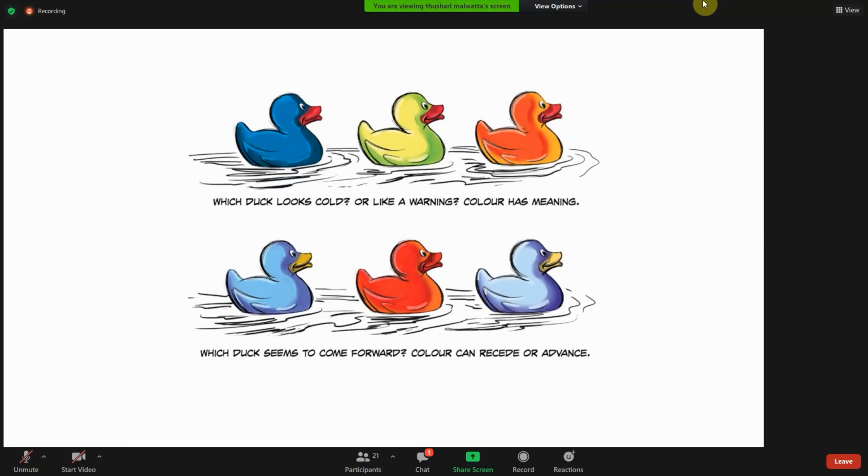Which colors are you going to use? Obviously, for the empty or the warning, you use red, and green or yellow and blue for the full. So likewise, it gives a meaning.